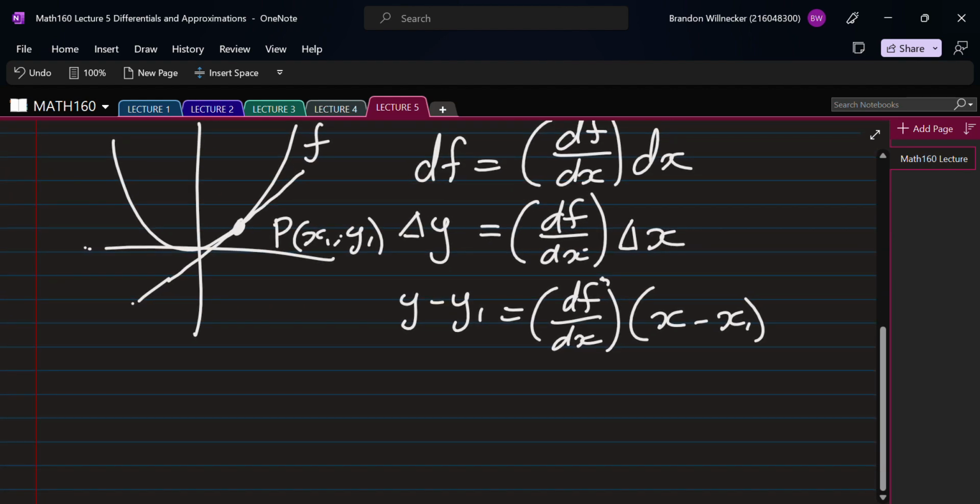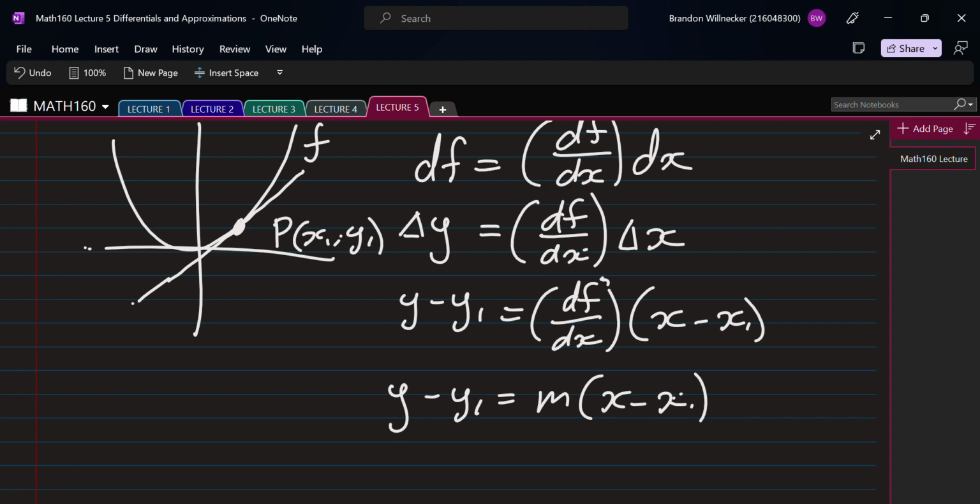This is just an equation for the tangent line, like we saw previously. We can write this as y minus y1 equals m times x minus x1, which is just the equation of a straight line. We can use this to find the tangent line, but now we're going to use this tangent line as an approximation to f near this point P.